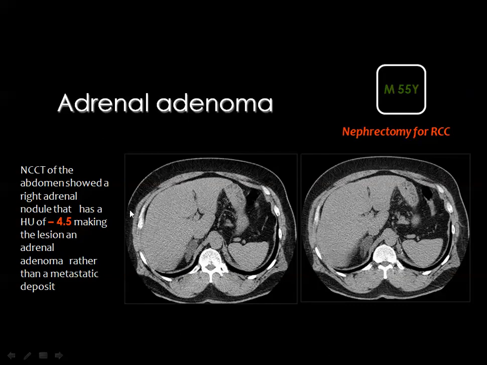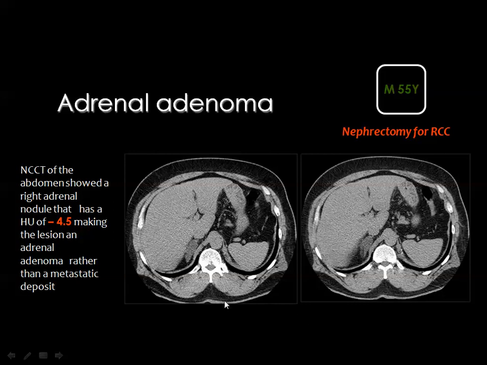Okay, in this example, this patient had nephrectomy for renal cell carcinoma, and we used to diagnose any lesion in the body as metastatic deposit until proved otherwise, except in this adrenal area. In the adrenal area, if you succeeded to diagnose lipid-rich adenoma in the adrenal gland, you can safely exclude the possibility of metastasis, even if there is a non-primary malignancy in this case.